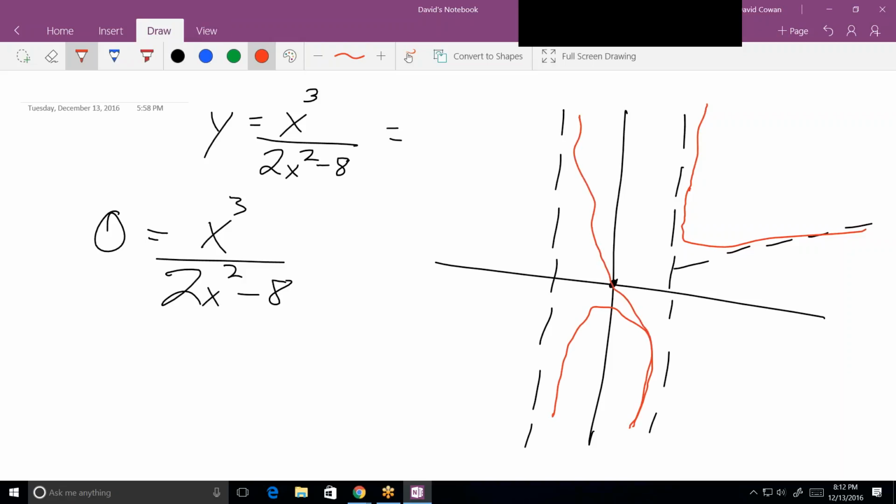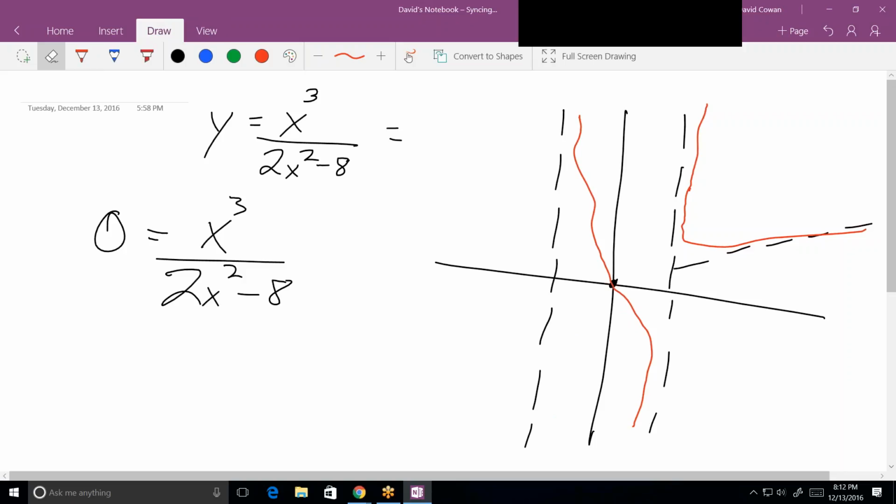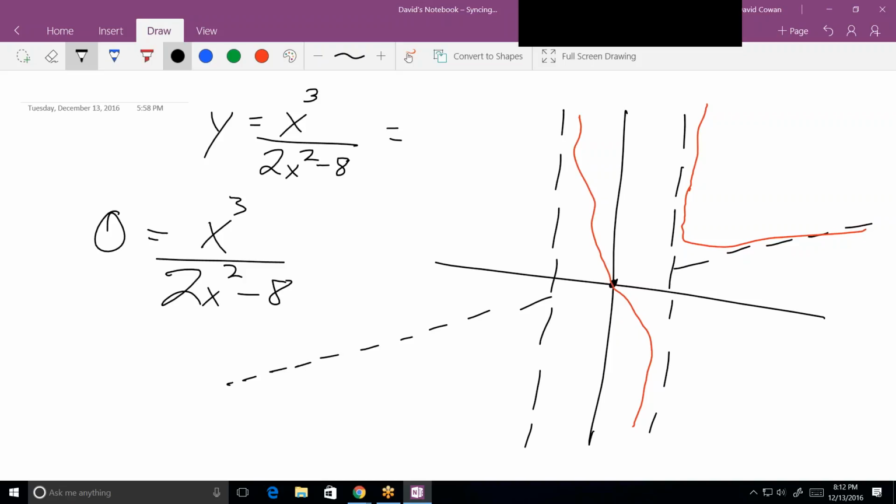And it clearly does the second one because we have an x-intercept and a y-intercept at the origin. So in between my vertical asymptotes, it's going to do this, and then that horizontal asymptote keeps going like that.